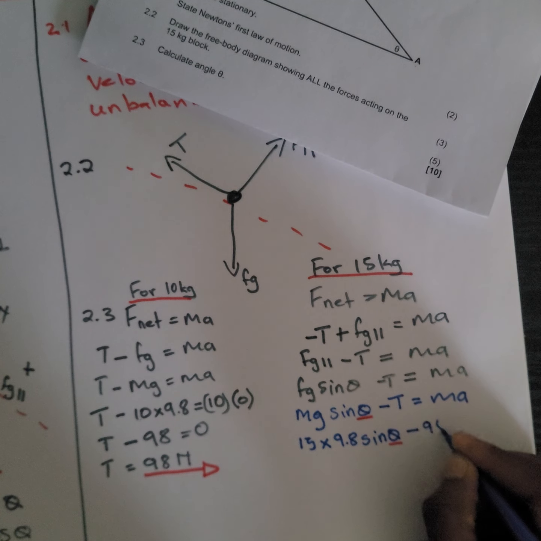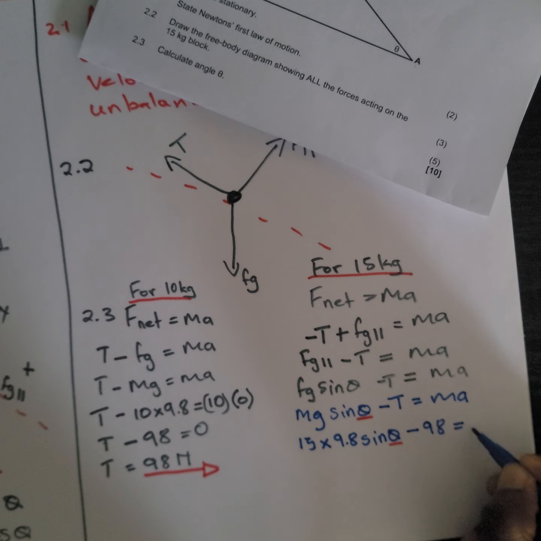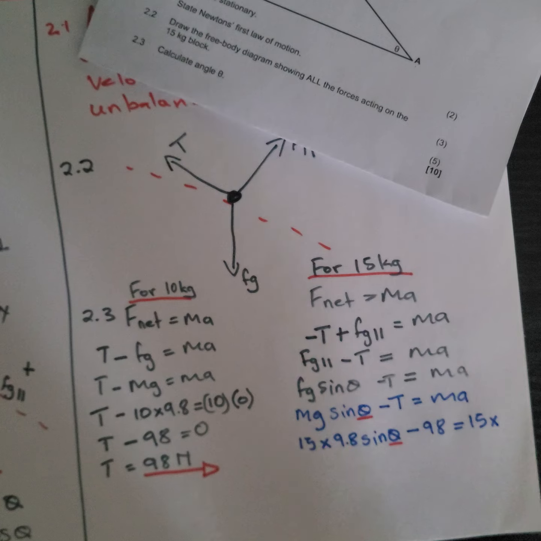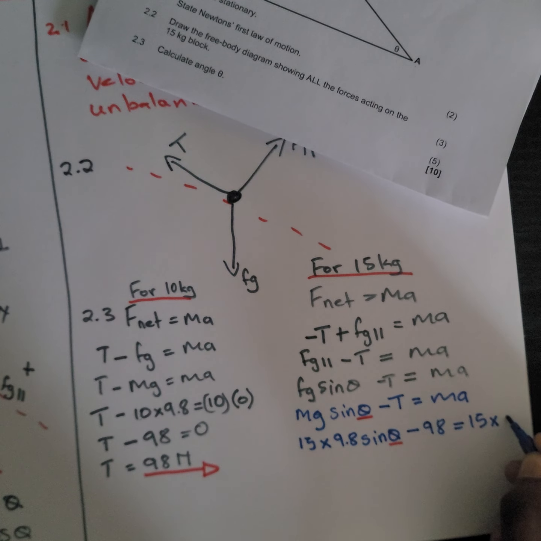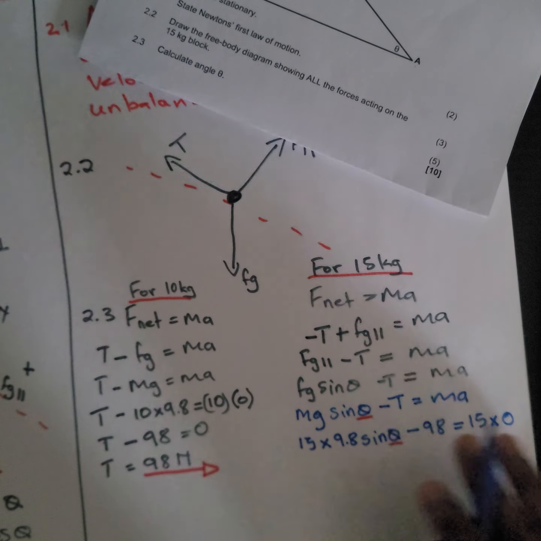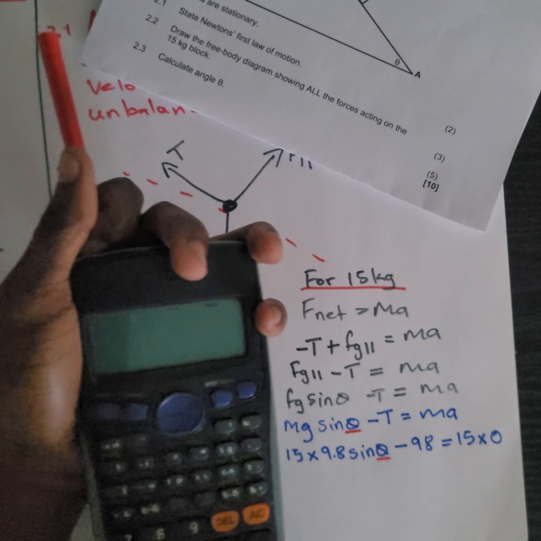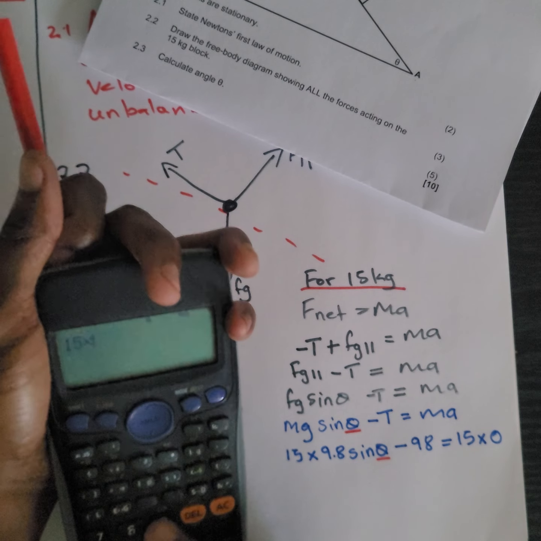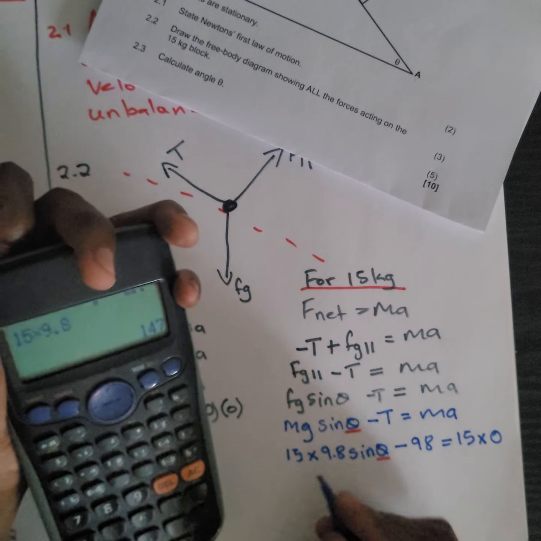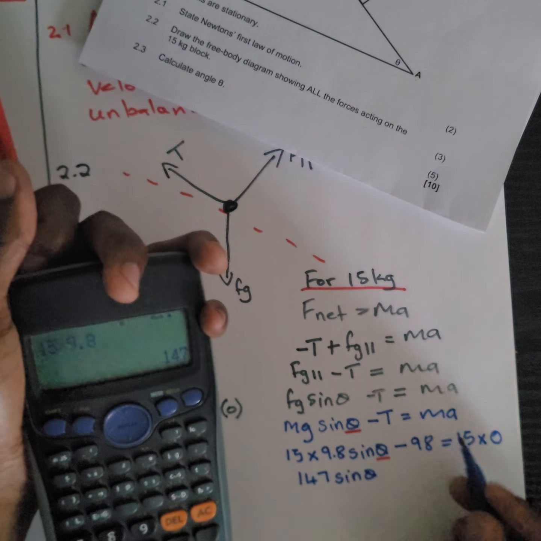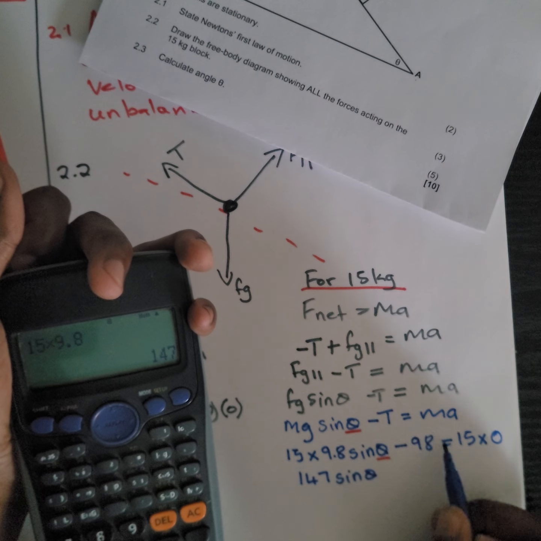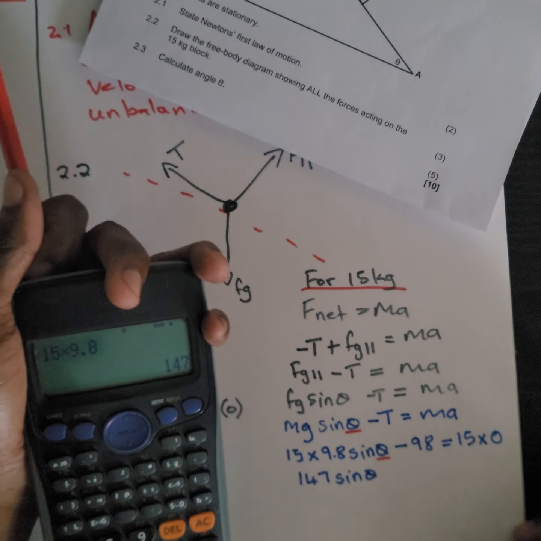So it's going to be 98 is equal to mass 15 multiplied by, both the blocks are not moving. So if it is 0 here, it says now also here has to be 0. And then I will take my calculator to say 15 multiplied by 9,8 and then it's 147 sine of theta. Then can I transpose this negative 98 to the other side?